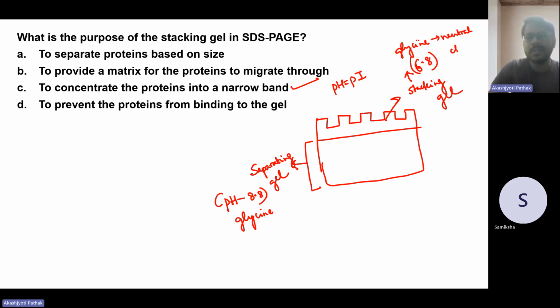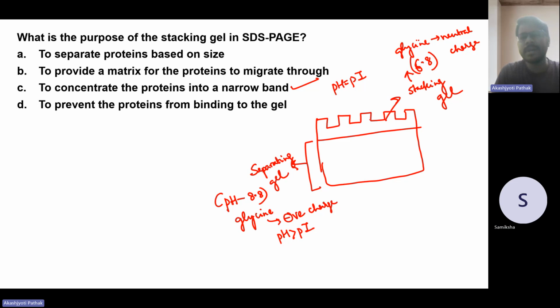While in the separating gel, because the pH is more than the pI, the glycine will have a negative charge. Why are we taking glycine? Because glycine is a component present in your SDS running buffer.